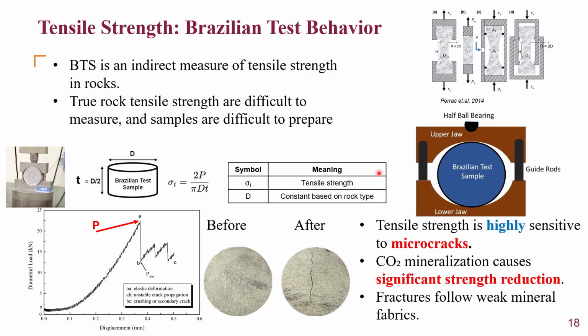As CO2 and carbonates are forming in these pore spaces, microcracks and voids, their crystallization pressure, which is induced on the rock, will cause tensile forces to form in the rock. And if there are already microcracks and the rock is weakened, the rock will develop more microcracks even under very small stresses.